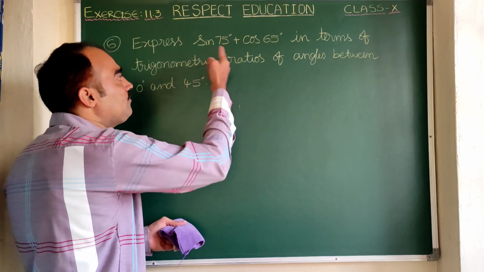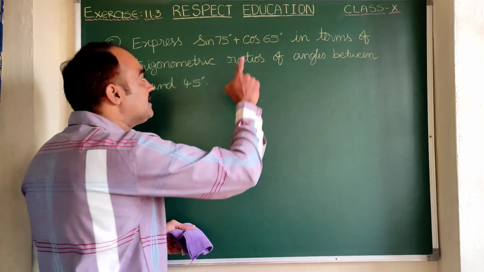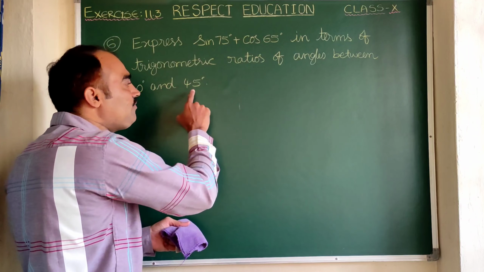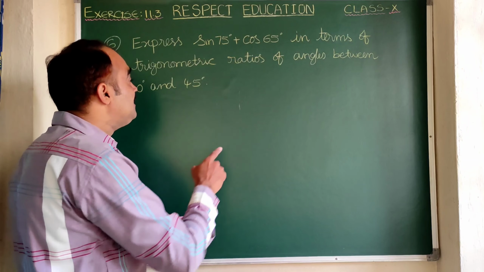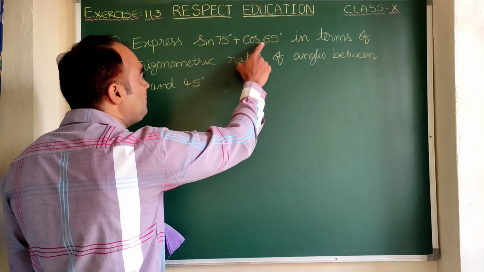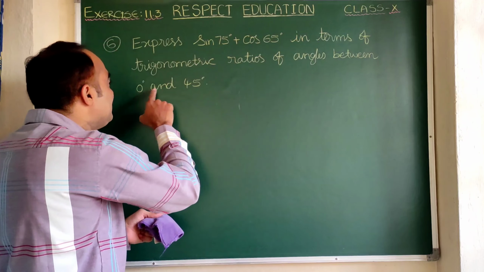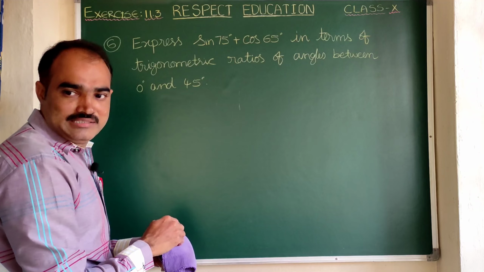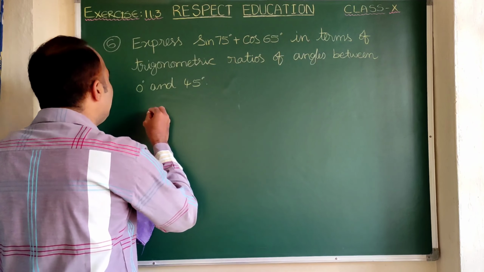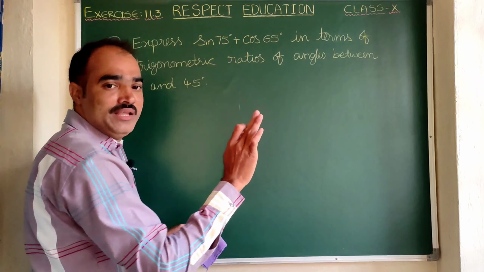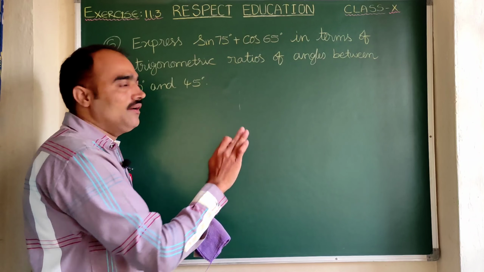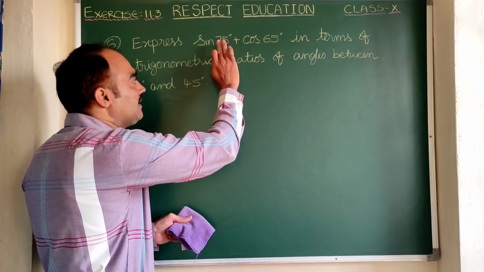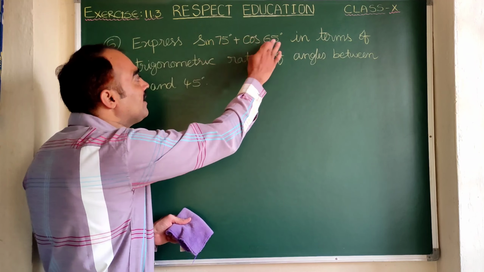No, it is more than 45. 65 degrees, is it in between 0 and 45 degrees? No, sir. It is more than 45 degrees. That means here we need to change these two values, which will be in between 0 and 45 degrees. Simple way, we need to write their complementary angles.